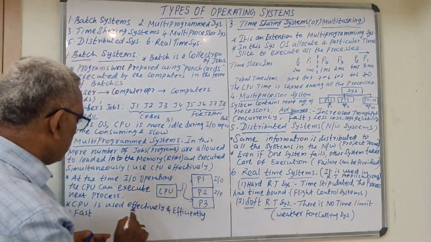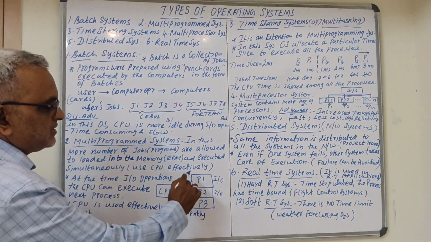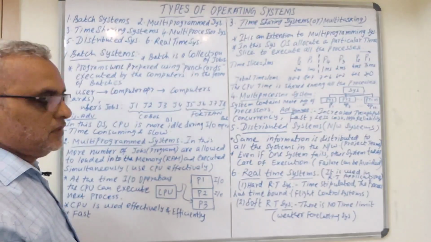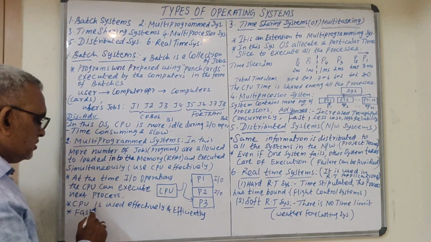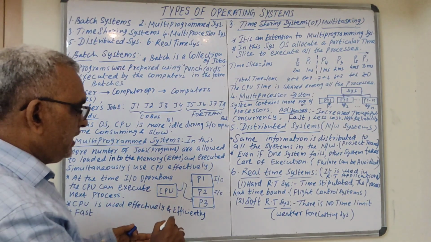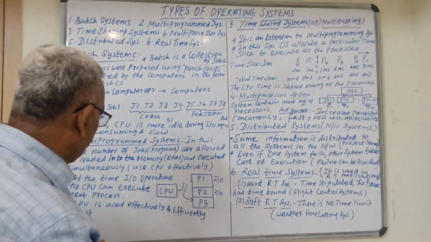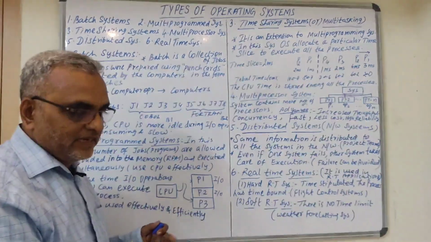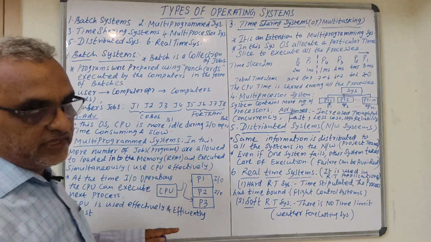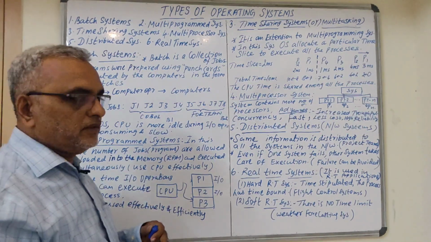Because of this, the speed of processing can be increased. So the CPU is used effectively and efficiently, that is one advantage. Similarly, the speed of the system is increased. These are the two advantages of multi-programmed systems.